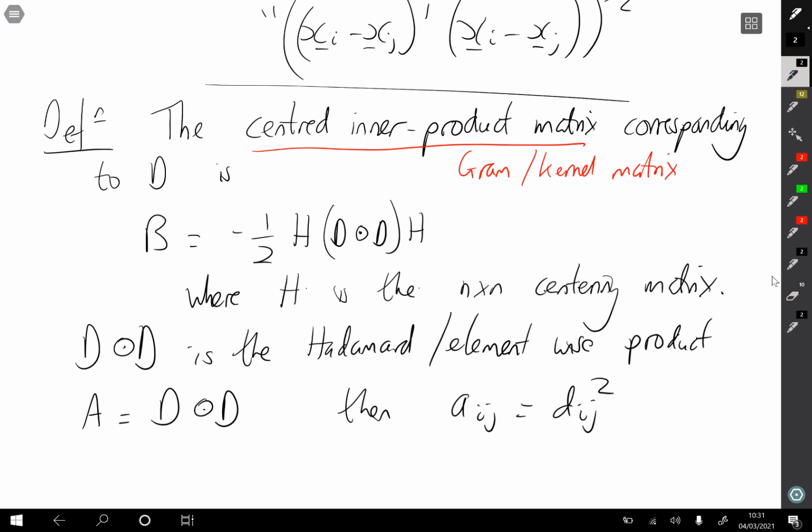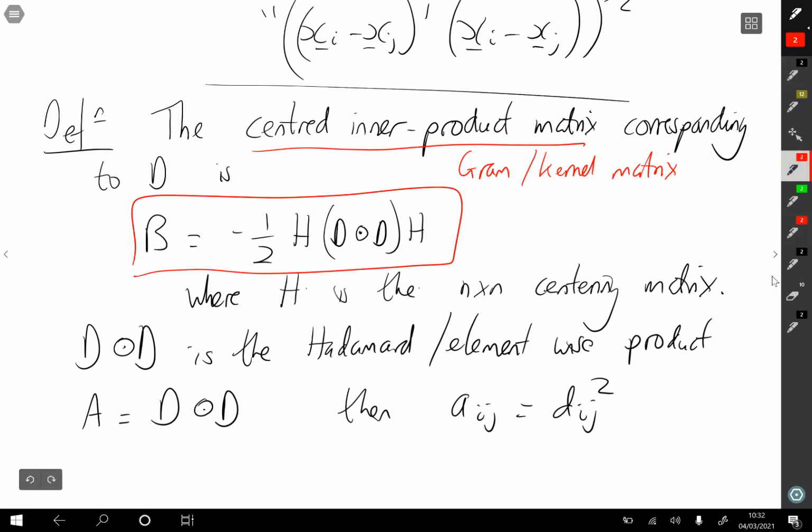We just multiply the matrices' elements one at a time. So what we do in classical MDS is try to find a set of points that has a centered inner product matrix B approximately equal to the one corresponding to the data, the distance matrix D.